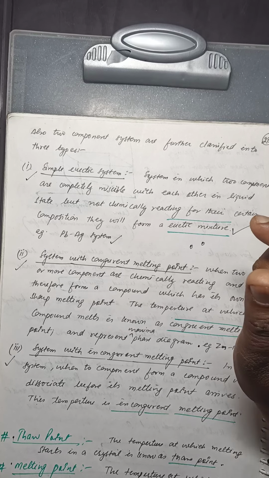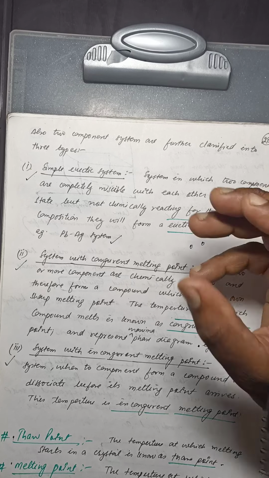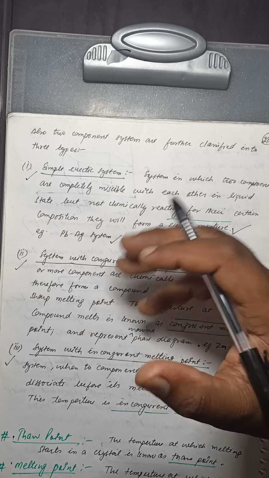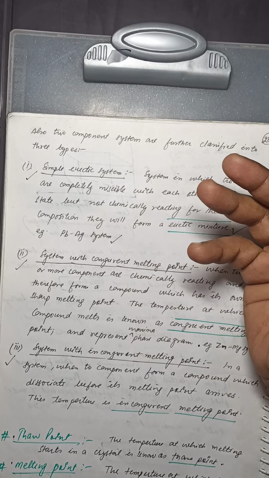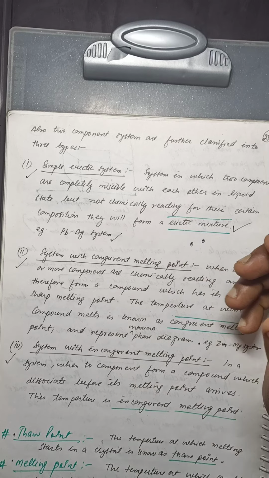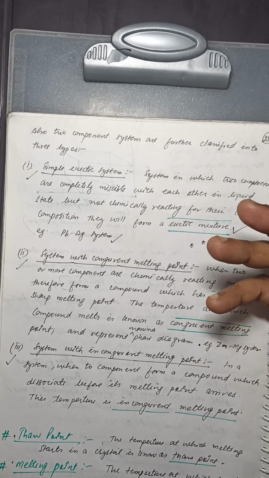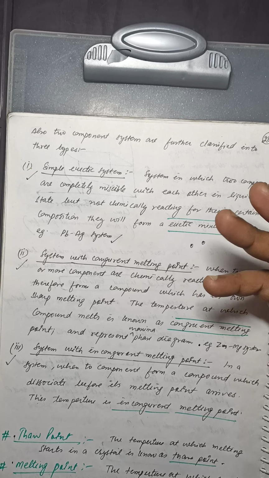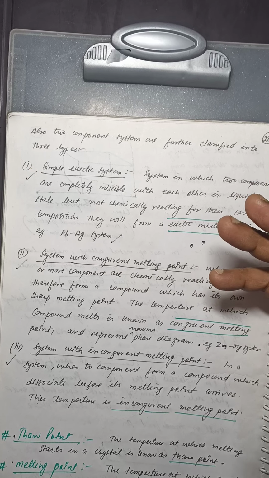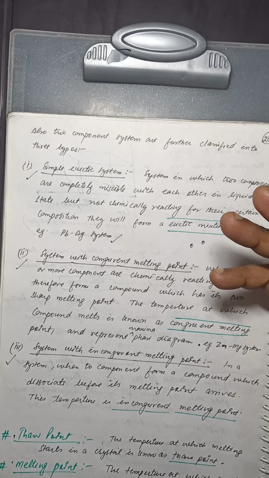Another classification of the two component system is the system with congruent melting point. When two or more components chemically react and form a new compound which has its own sharp melting point, the temperature at which the compound melts is known as the congruent melting point, and it is represented by a maximum in the phase diagram. The zinc magnesium system is a system with congruent melting point.